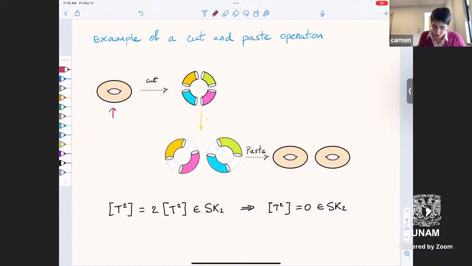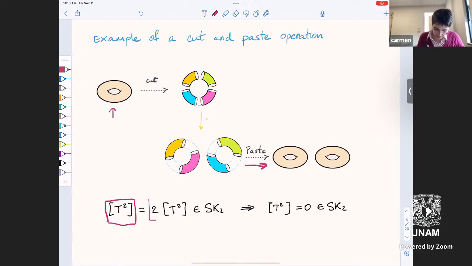I'm going to rearrange those pieces. And finally, I'm going to do the pasting. Okay, and then what do we see from this whole process of cutting and pasting? We see that the torus that I started with, with valid cut and paste operations, is going to be in the same class.